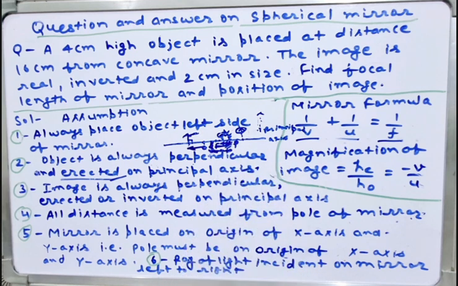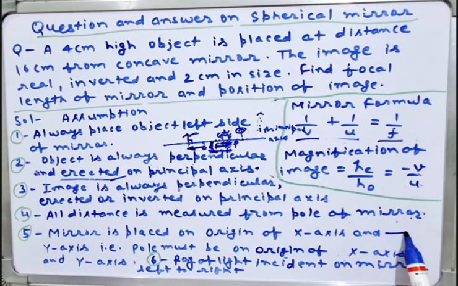Now the fifth point: the mirror is placed on the origin of the x-axis and y-axis, that is, the pole must be on the origin of the x and y axes. What does this statement mean?